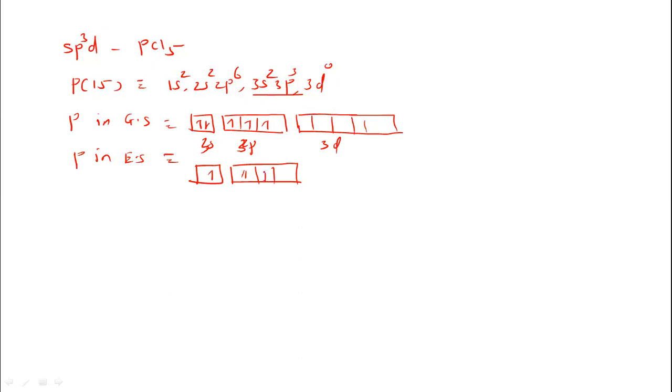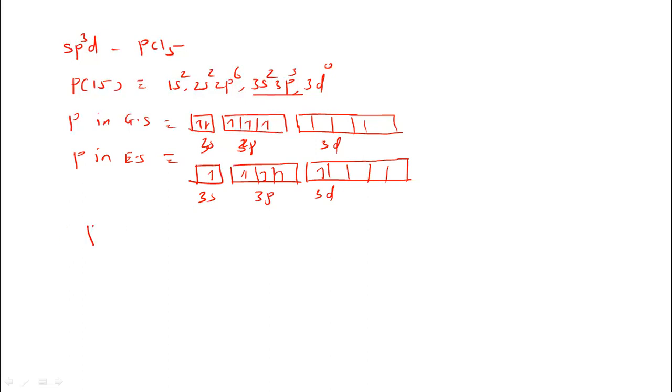So now you can see the valence shell has one s, three p and one d orbital half filled. These orbitals are now involved in the hybridization.